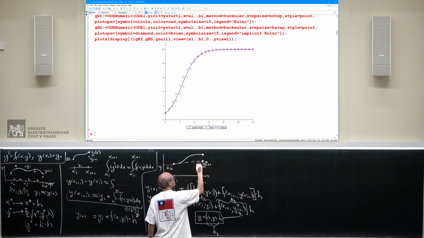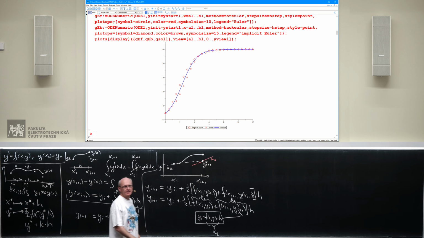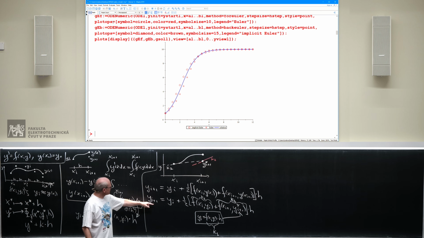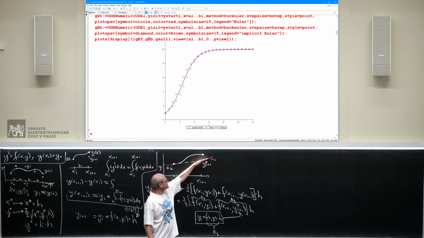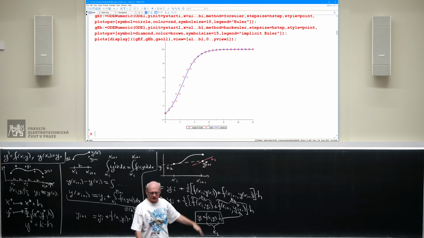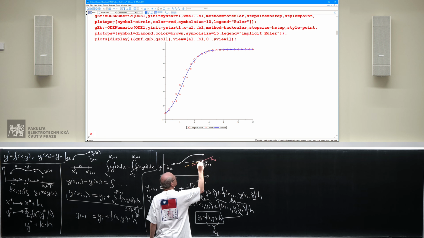So here at this position, there is a slope, which I'm going to call k2. And then when I want to make the final step of my method, the one that really counts, I take the slope k1, I take the slope k2, and I take the average. So the average, I can see, let's say here, that's the average.